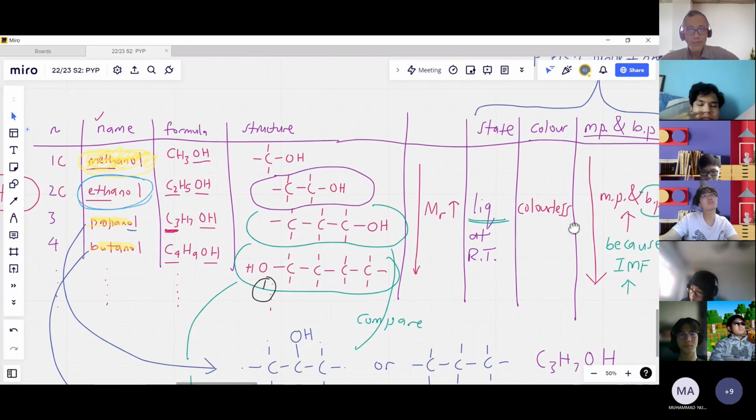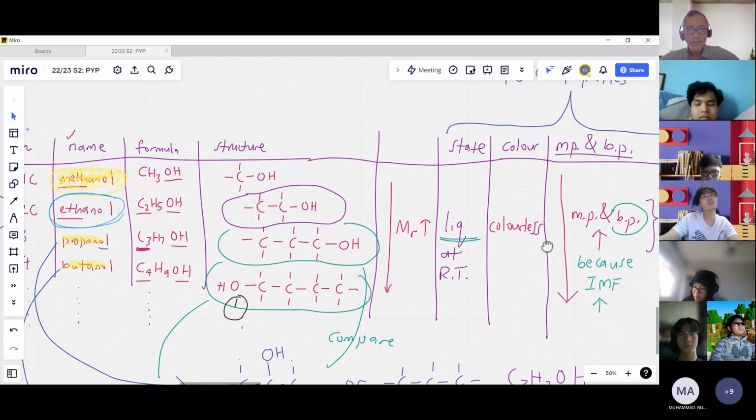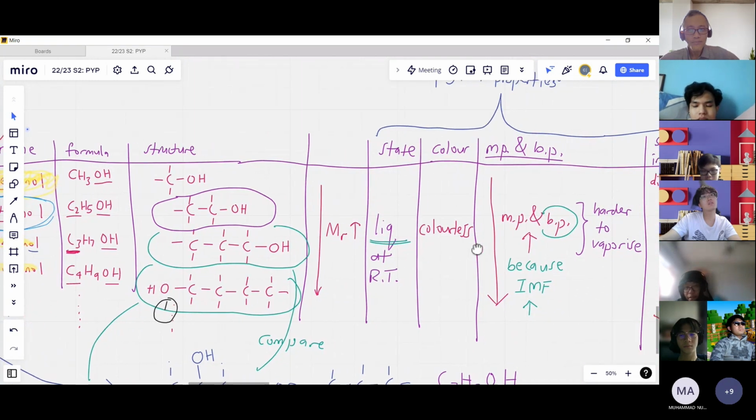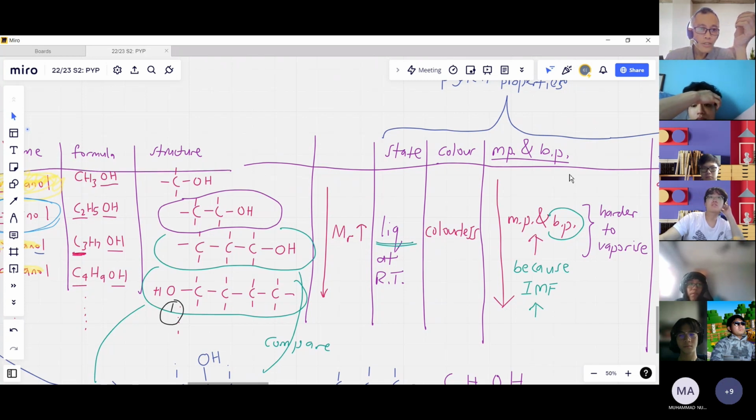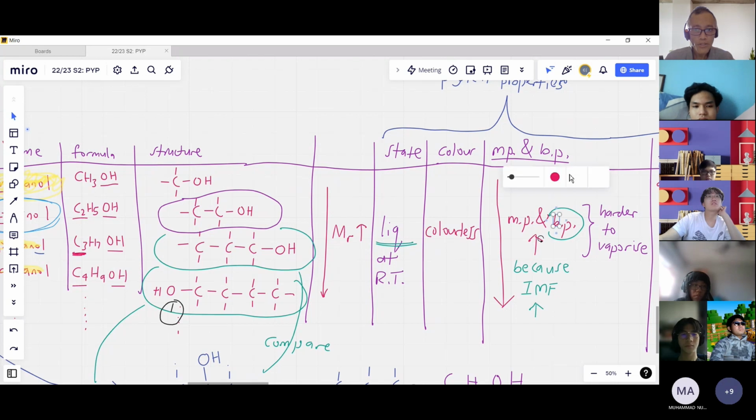Okay, what else? Remember this? We talked about this earlier. Melting point, boiling point. Guys, this one has definitely come up before in the exam. As it becomes bigger and bigger, from methanol to ethanol, propanol, butanol, basically melting point and boiling point increases.